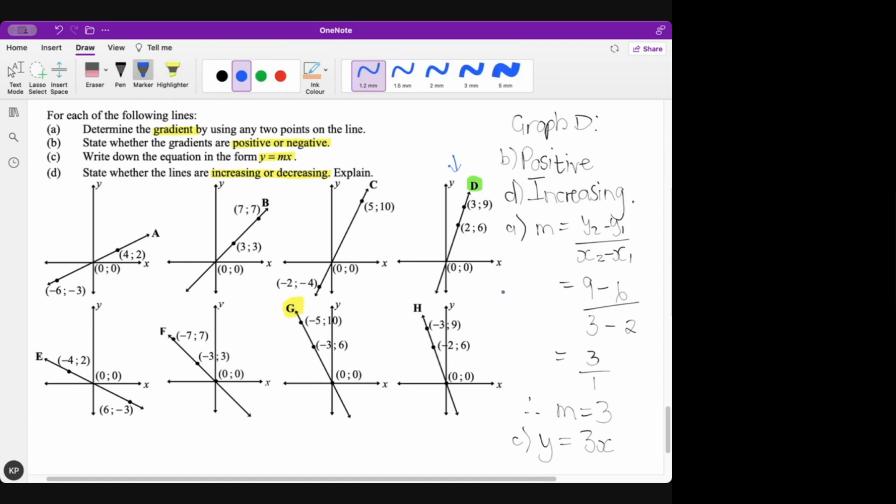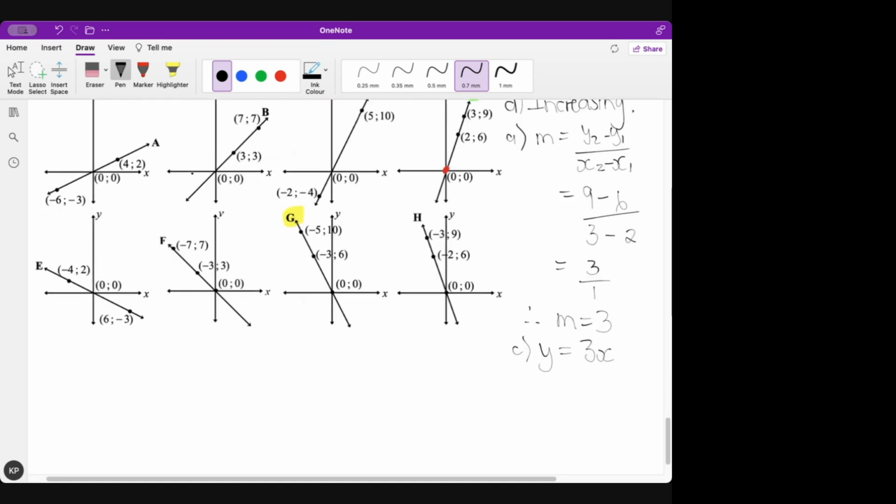I know there's no c because the graph goes through the origin. So if you have a straight line graph that passes y at 0, that means there will not be a c. Yes, Alice, it doesn't intersect the y axis. Okay, so the equation is just y is equal to 3x. There won't be a c value.